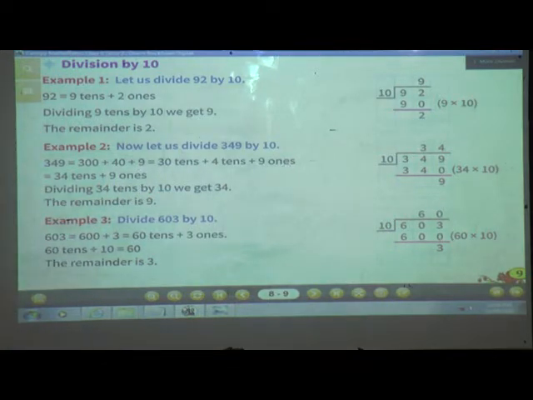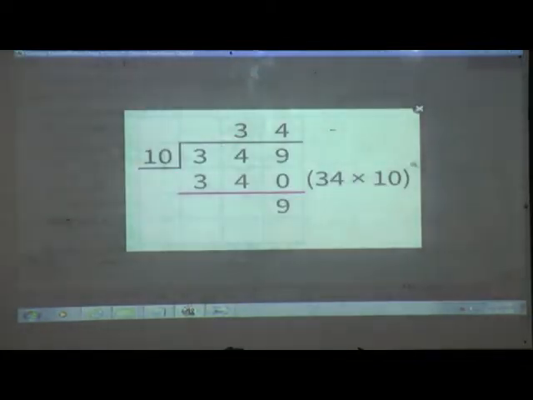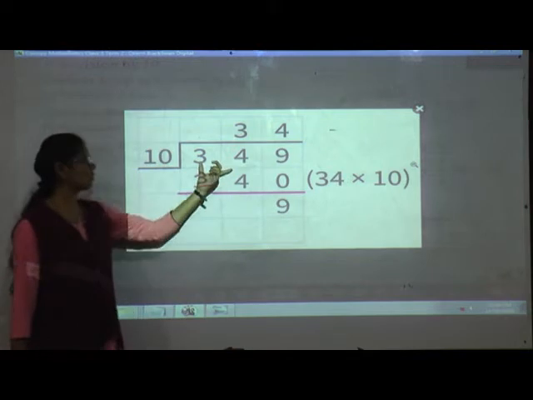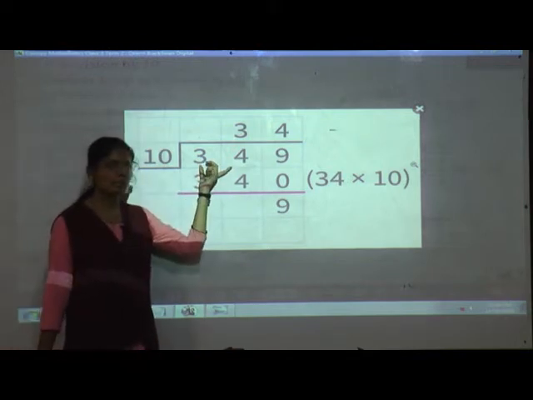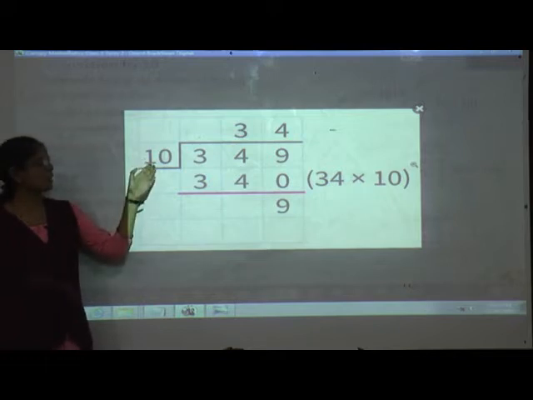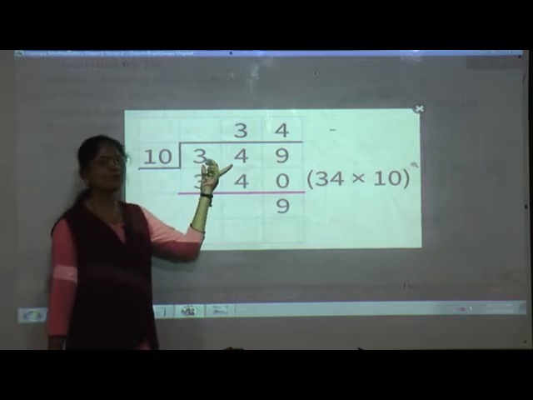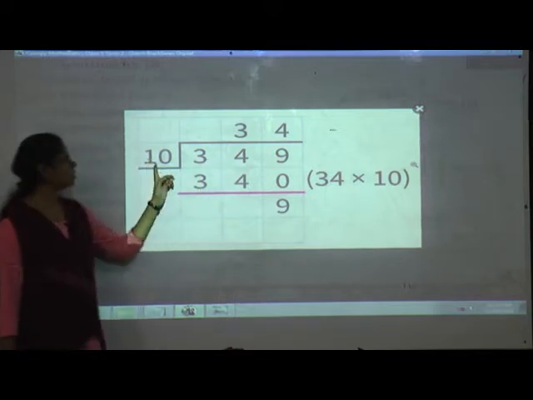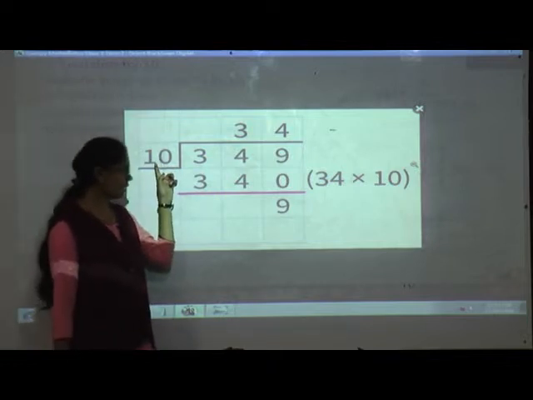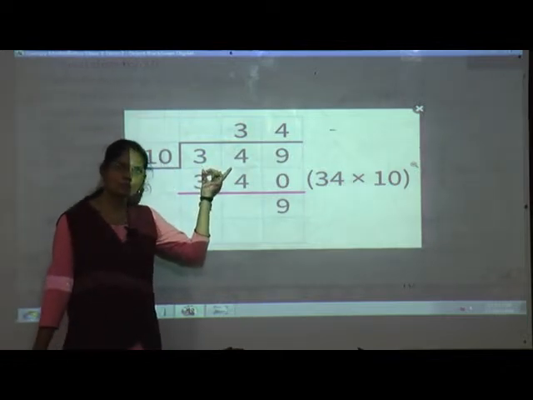Now we will solve this example. Now divide 34 tens by 10. Look at the board. 349. First we will divide 34 tens, because here at hundreds place 3 is there and 3 is smaller than 10, so we can't do 3 by 10. So 34 tens by 10. Now in the table of 10 can you see the number 34?